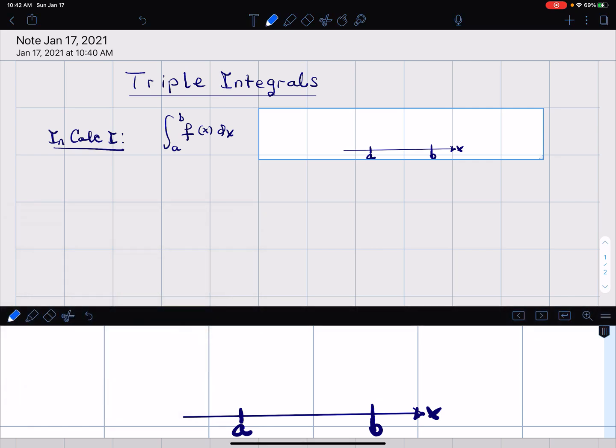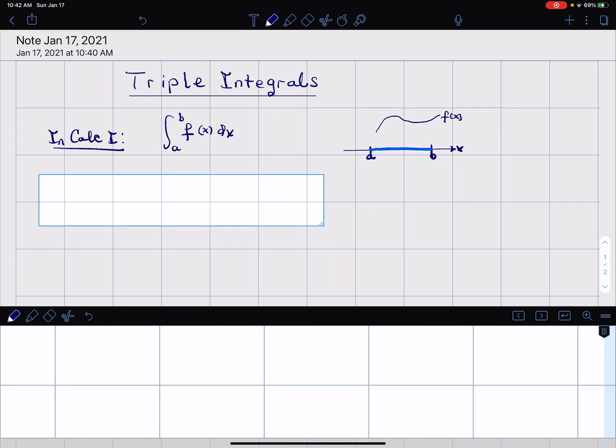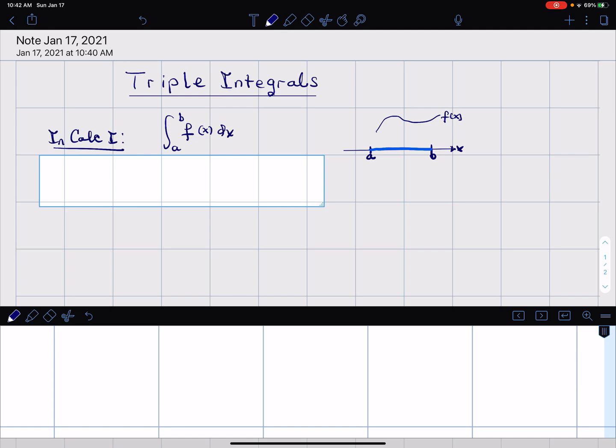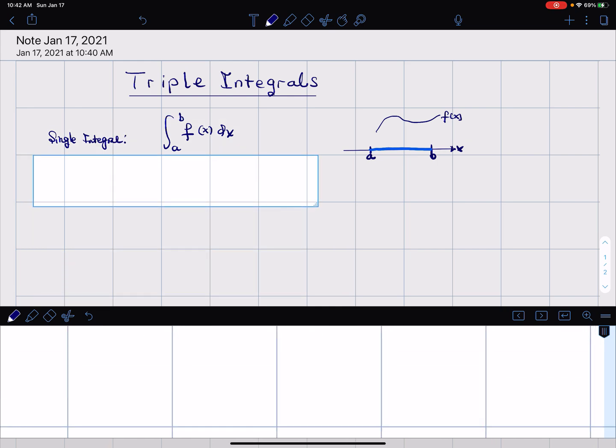So this is your interval of integration, and then your function f of x, for instance. Let's change this to single variable, single integral.